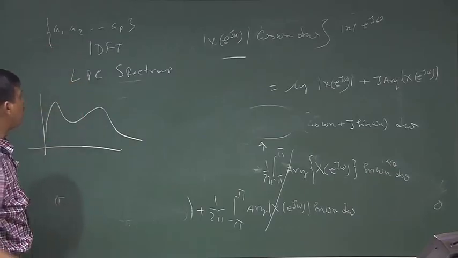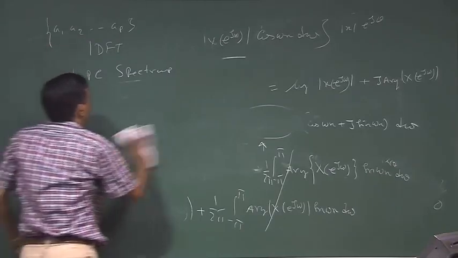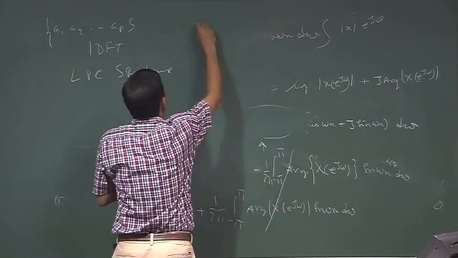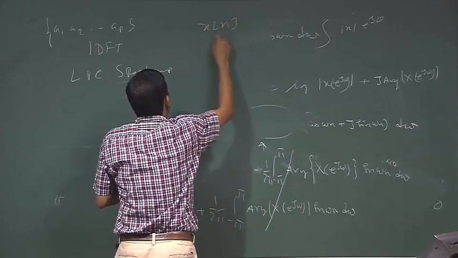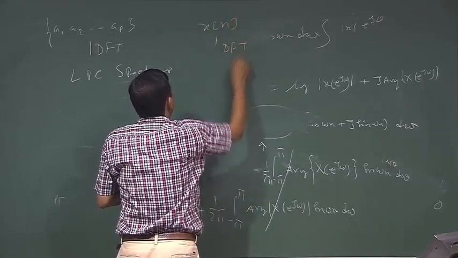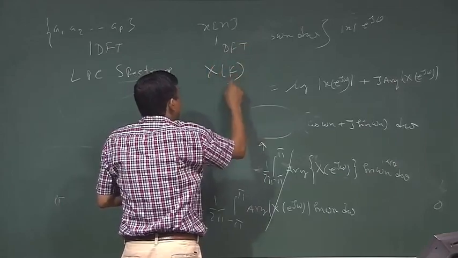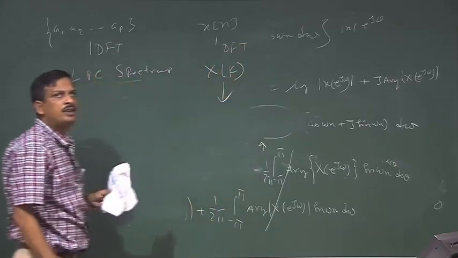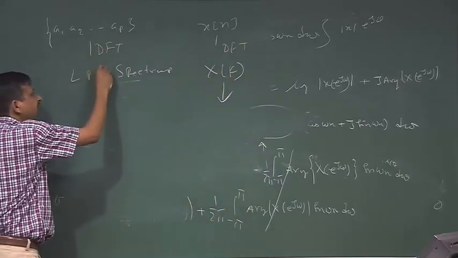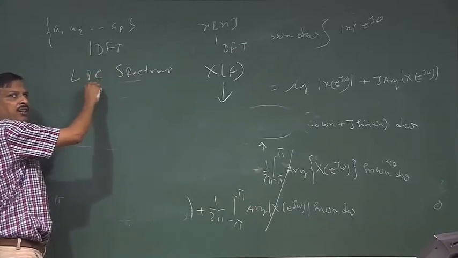If instead I use the signal xn and take the DFT, I will get Xk, which is called the real spectrum, the signal spectrum, and this gives me the LPC spectrum.